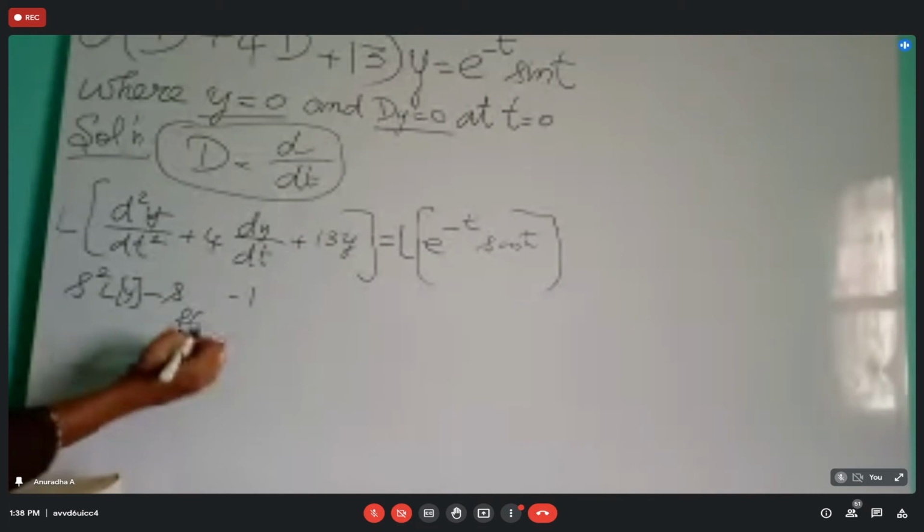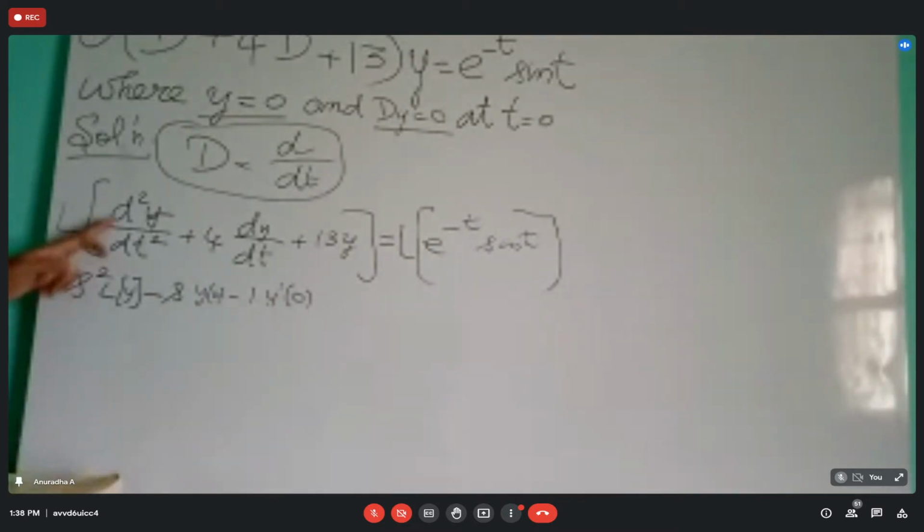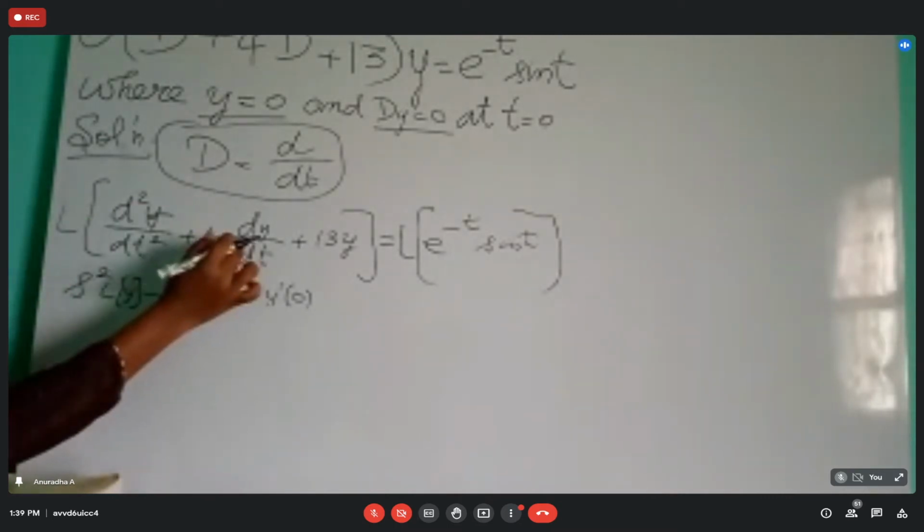Then originally in the formula it is f dash of 0, so here it is y dash of 0. Like this the formula gives us 3 terms.